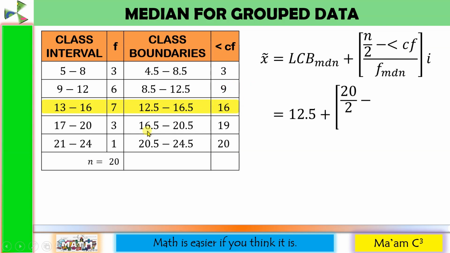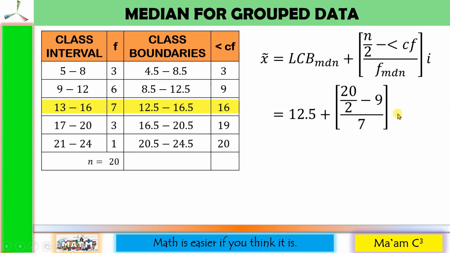So this is the next lower class, 9 to 12. So we're going to choose 9 for the less than cumulative frequency. Divided by the frequency of the median class. The frequency of the median class is 7. So divided by 7. Then close bracket. I is the class width.